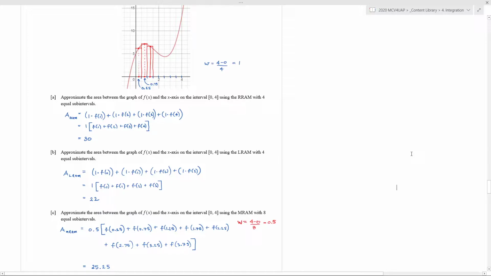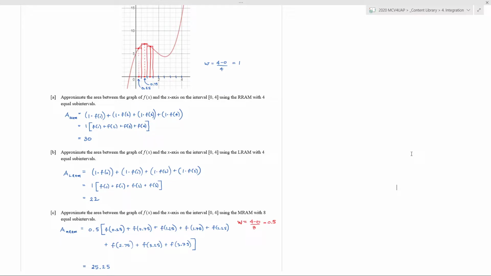So MRAM, we want to approximate the area under that graph from 0 to 4 using a midpoint rectangular approximation with 8 equal subintervals. So with 8 subintervals, the width of each rectangle we can calculate by taking 4 and subtracting 0.